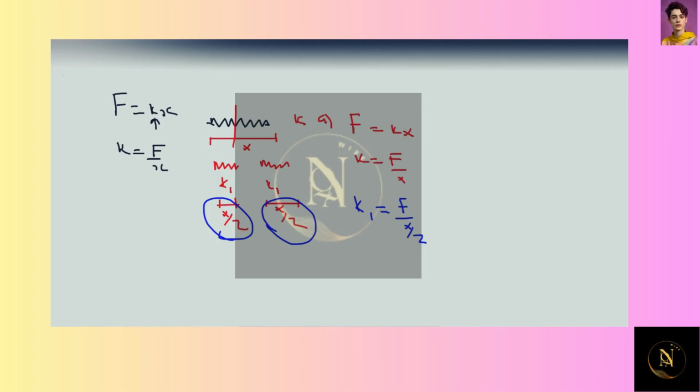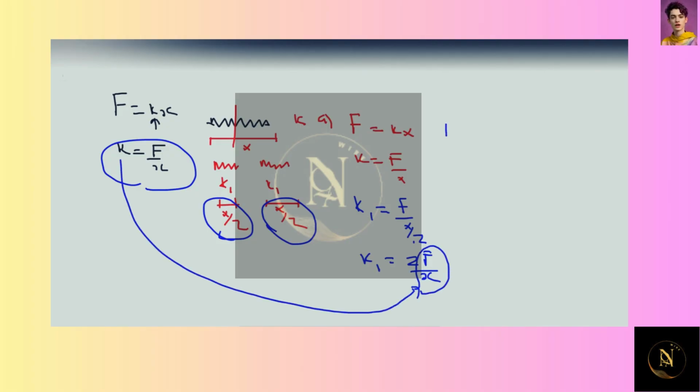You use division, so k1 is going to be, this 2 comes up, 2F over x. But remember, k was F over x, so we can change this F over x to our original k.